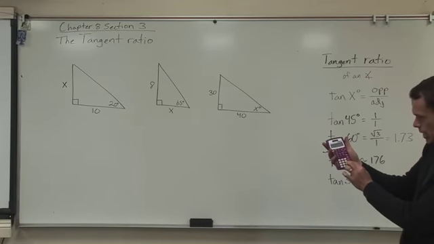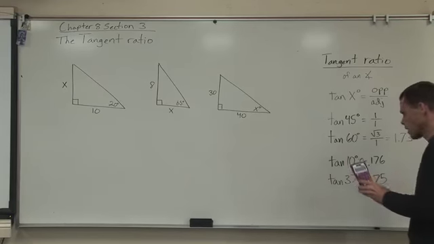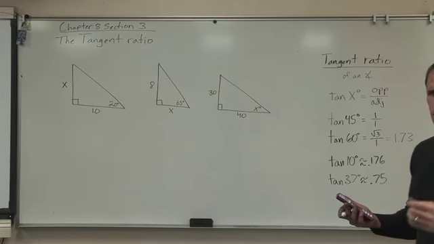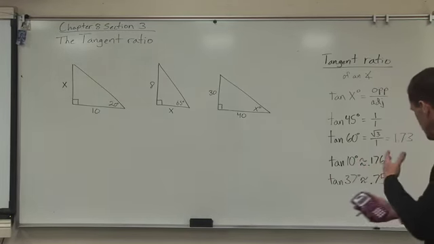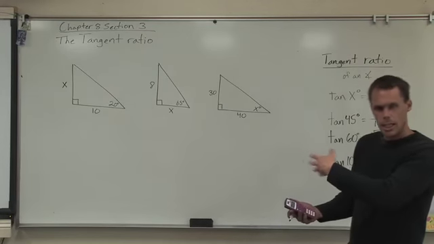Tangent 37 degrees is about 0.75. So it appears that every single angle has its own tangent number. Could we use this? And the answer is yes.